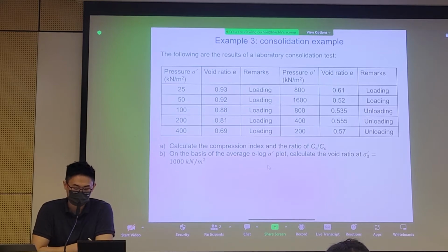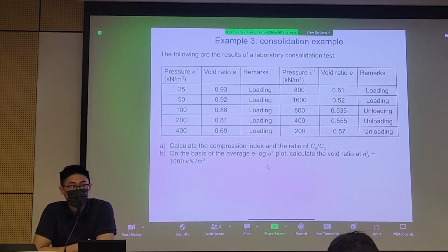So thus far we've looked at how to interpret odometer test data, how to get void ratio versus normal effective stress plots. We've also learned how to identify the pre-consolidation pressure graphically using Casagrande's method.